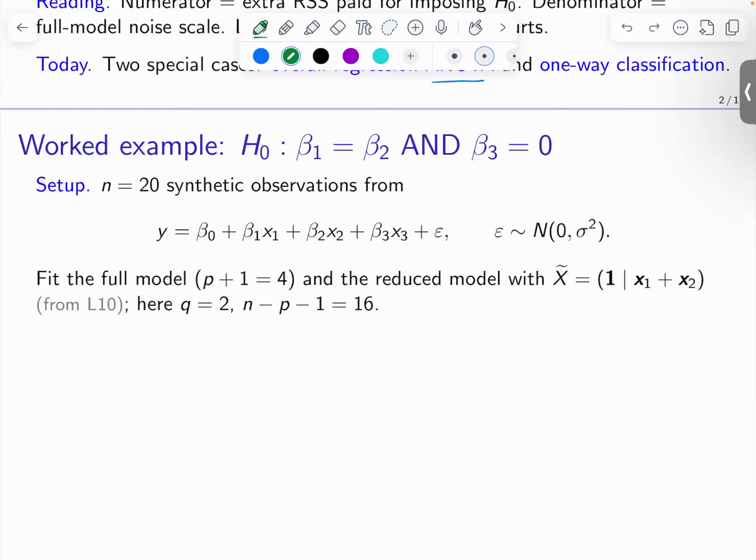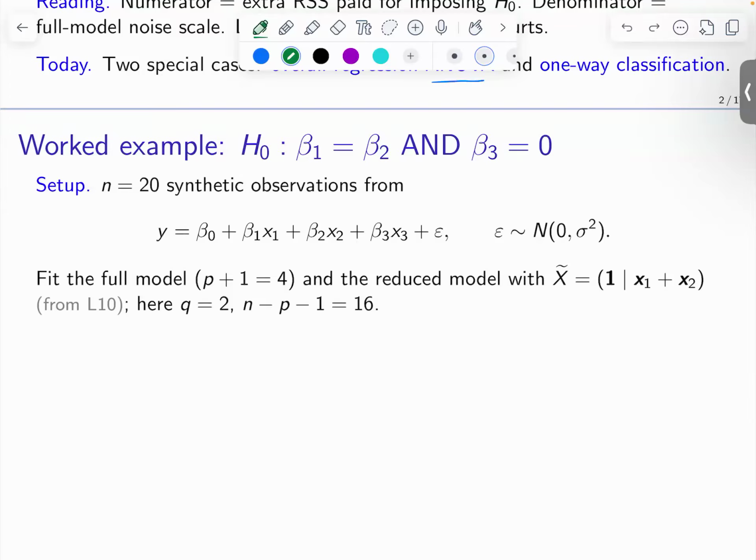I'm not showing the data. I propose the linear model with 3 covariates and 1 intercept. I fit the full model and get an SSE, which I'll show you later. Then I need to fit the reduced model. That's often the only thing you need to do, to figure out what the reduced model is under these constraints.